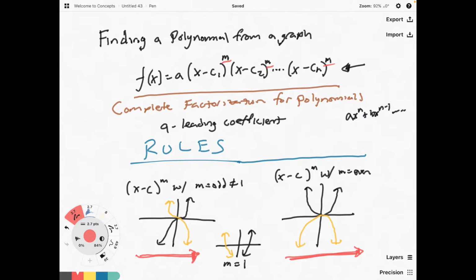Again, if you mirror x squared, x to the fourth, x to the sixth, they all resemble something similar to what we have here, the yellow being the negative and the black being the positive. And then lastly, if you have a power of 1, then you'll get a graph that crosses the x-axis. And you can think of y equals x, for example, and it crosses without any curvature as almost a straight line. And so then you'll know that you'll have a multiplicity of 1 here.